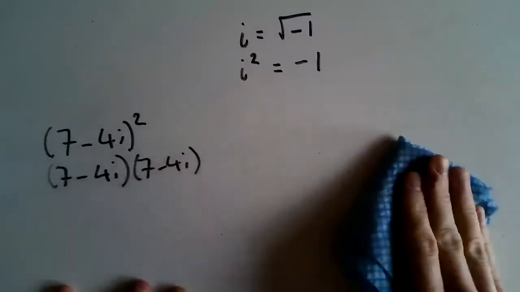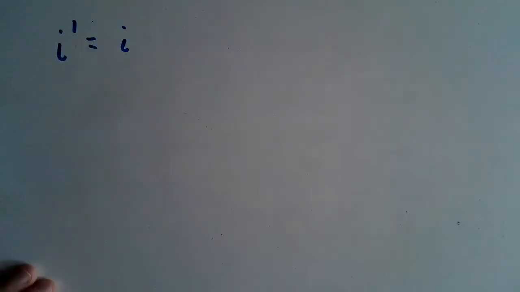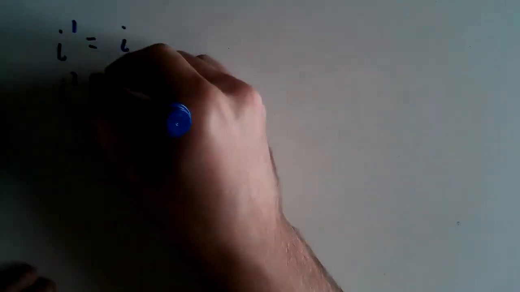Okay, now the next bit I want to look at is we're going to try and have a nice little pattern. So I am going to rip this bit out now and write that at the side instead. So we've got i to the power 1, it's just i. i squared is minus 1. Now we're going to look at what i cubed is.